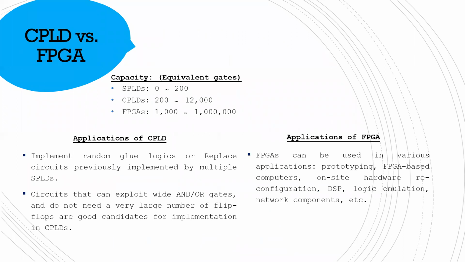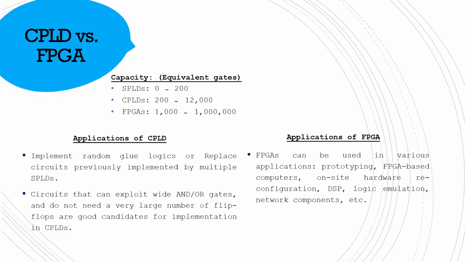Now, there is a comparison between CPLD and FPGA. Let's see capacity. There is obviously a capacity comparison. SPLD, like your PLD, PLA, PAL, those things have actually 0 to 200 equivalent gates, and that will be called SPLD. If your number of gates is more than 200 and less than 12,000, that will be called CPLD.